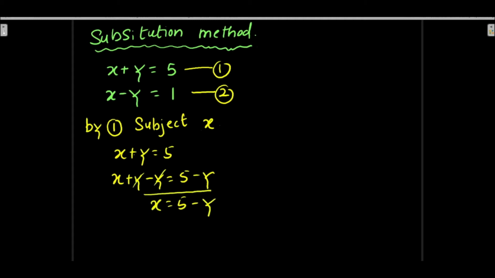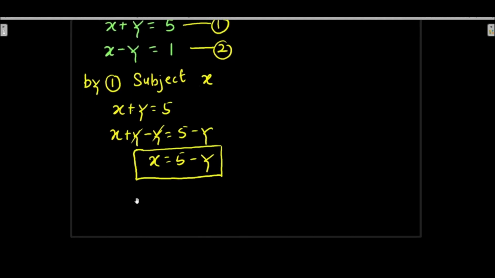This is your subject value. Okay, then how do you solve this equation? You have to substitute this x, x equal 5 minus y, into the second equation.